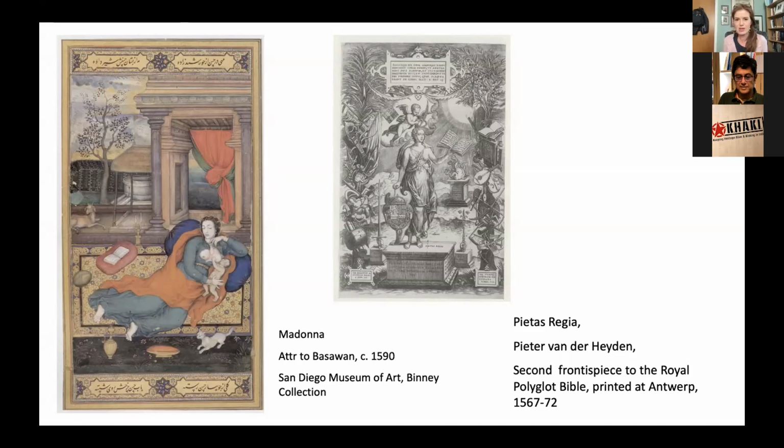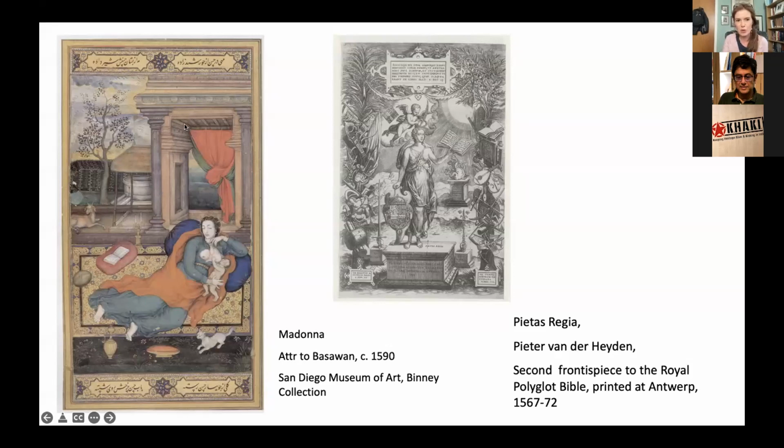And I think you can see even in the relationship that I've put up between these 2 images, how Basawan is playing on the idea of this Pietas Regia, allegorical female figure, and eliding her identity with that of the Madonna. It's almost as if this image has the idea of a stable here with this little straw covered canopy and the goat here.